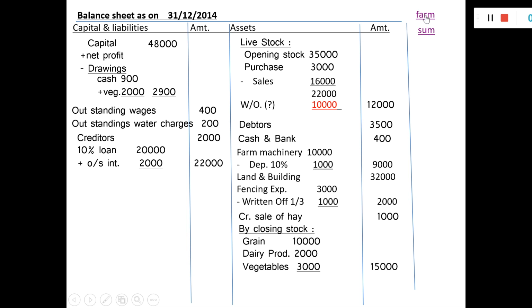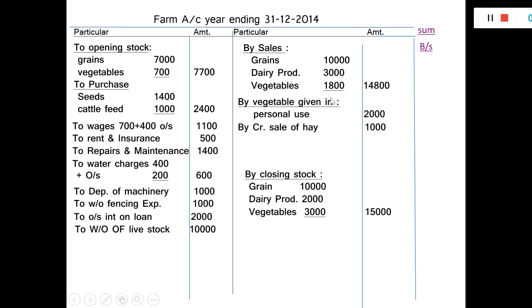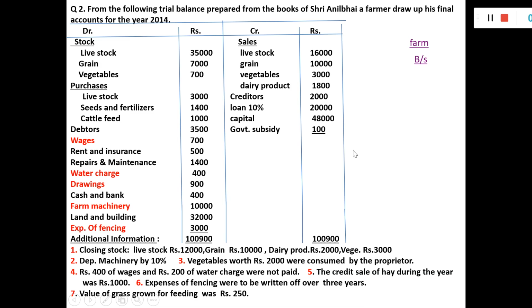Go to the farm accounts. Then go to the sum. Value of grass grown for feeding was rupees 250.